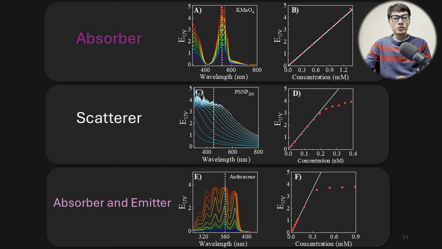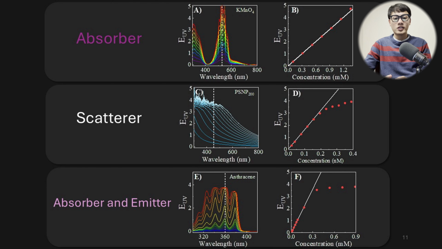Figure A shows potassium permanganate, a purely absorbing sample. As concentration increases, the absorption peaks become stronger, and the spectra maintain a consistent shape. Figure C shows the spectra for plain polystyrene nanoparticles, which are pure scatterers. We see an overall increase in the extinction across all wavelengths, but the spectral shape is mainly due to the attenuation of light by scattering.